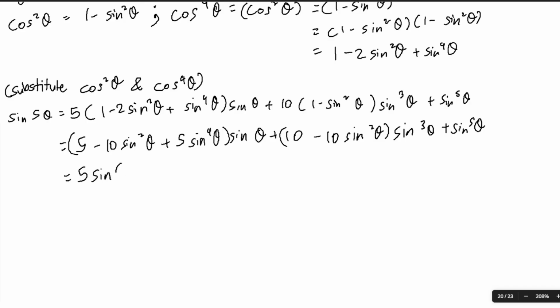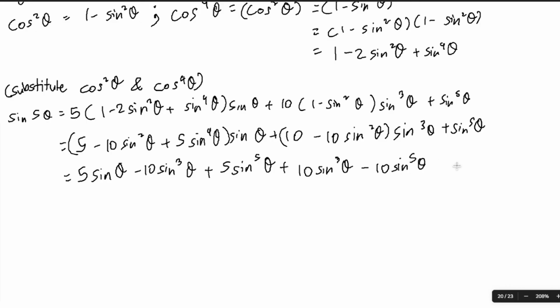So we would have 5 sine theta minus 10 sine cube theta plus 5 sine power 5 theta plus 10 sine cube theta minus 10 sine power 5 theta plus sine power 5 theta.